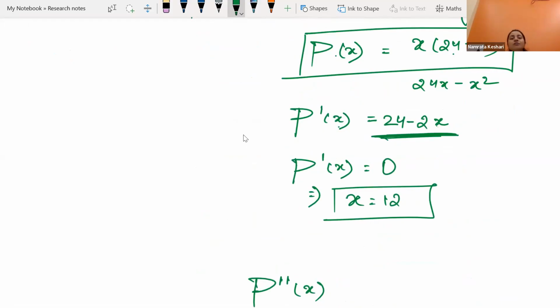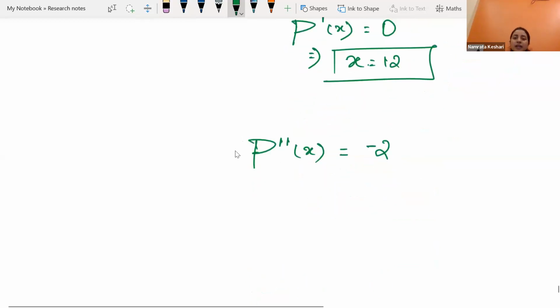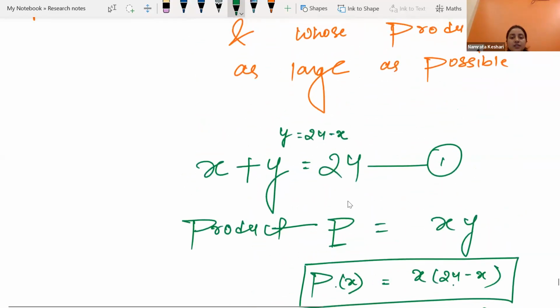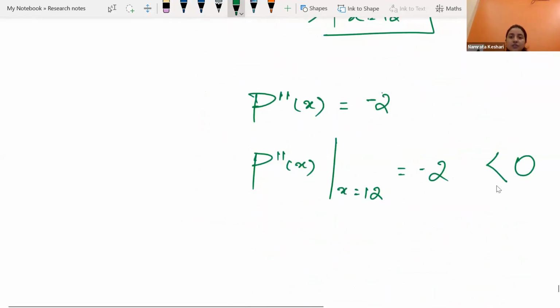So doing it one more time will again be simple, right? Yes, ma'am. And the result will be just minus 2. When x equals 12, at the critical point, p double dash x is still negative, which means it is a maximum, right? Yes, ma'am. Okay, so we can see this product function is getting its maximum.